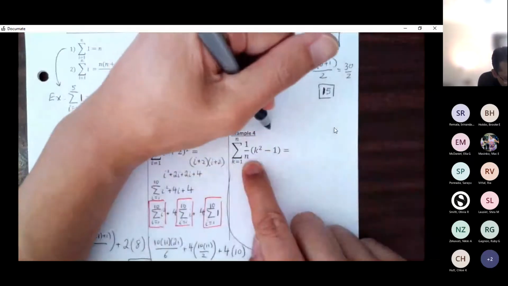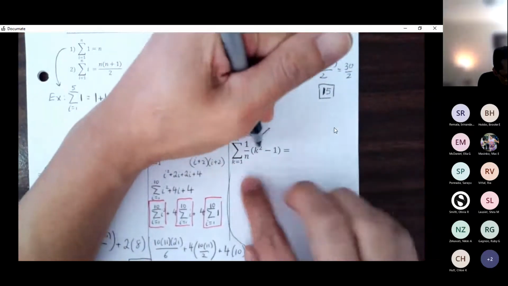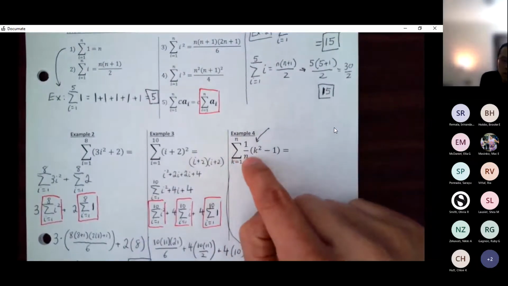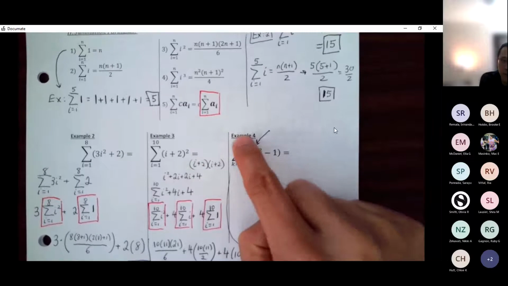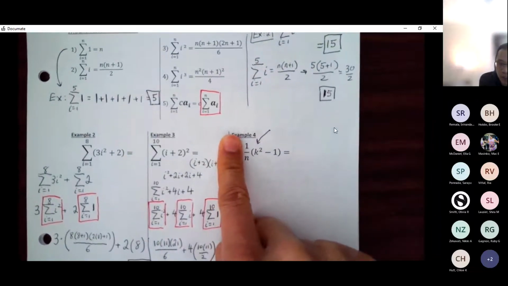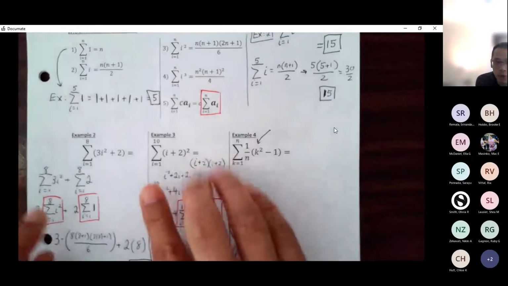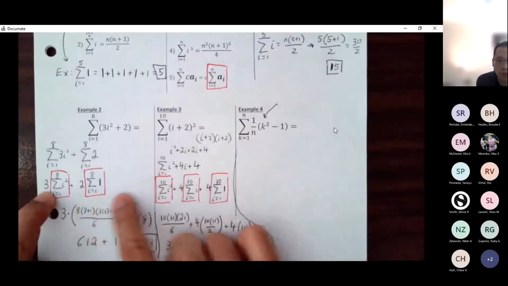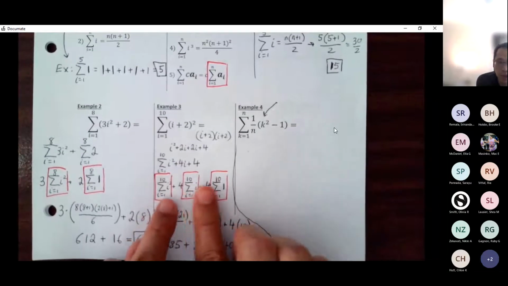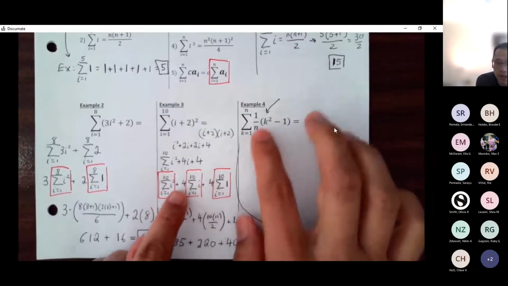Now, what to do with the n? What I want us to understand is that the n is a constant. So treat n like you would if it was a 10 or an 8 or a 5. What that means for us is if we see a 1 over n, we're going to treat it how we would before if it was a 3 or 2 or 5. It's just going to be stuck in front of the rule. It's not going to impact the rule.